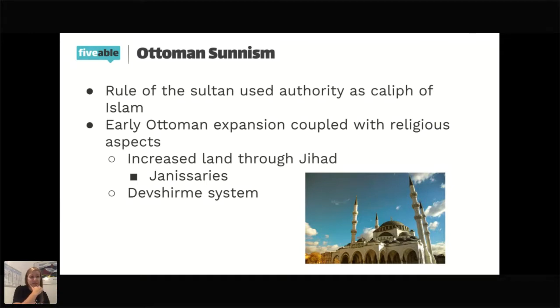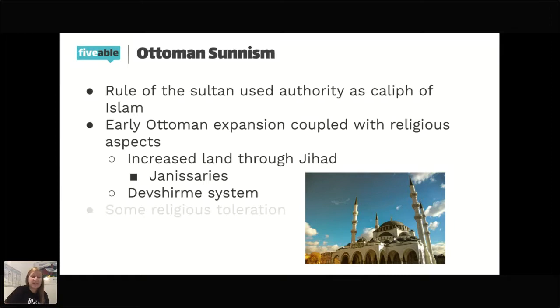This was to give up their young Christian boys to the state, and these boys would be converted to Islam. They would be educated and trained. Some of them could become the elite guards or janissaries. And in these areas, particularly the Balkans, which were mostly Christian communities, they had to surrender up to 20% of their male children to the state, which is kind of extreme in a lot of cases.